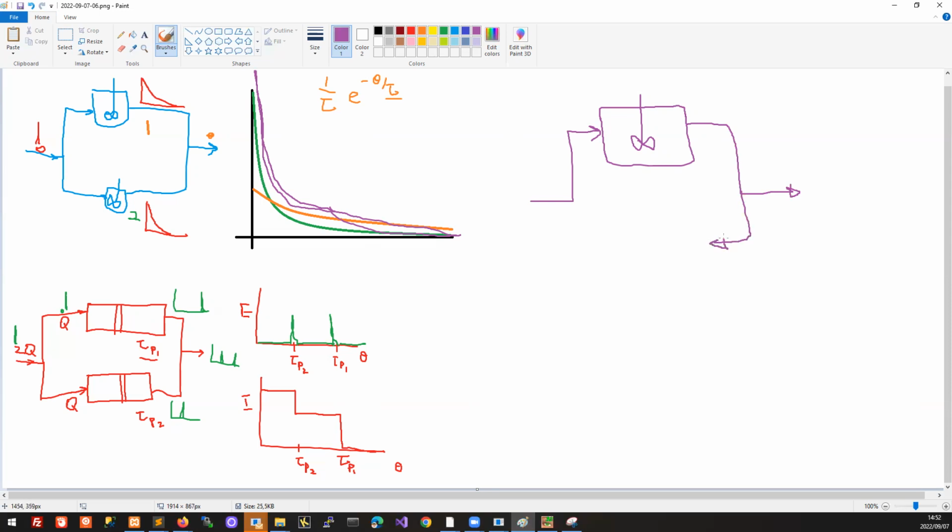So it circulates back this way. It enters a PFR here, and then it does that again. Okay, that's one exercise. Let's do it with two PFRs instead.